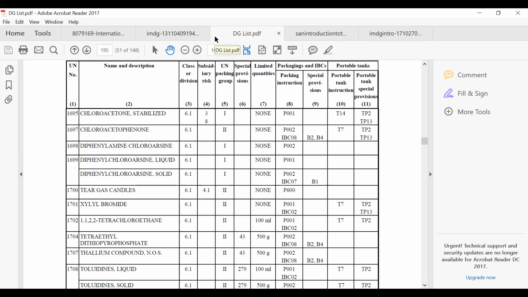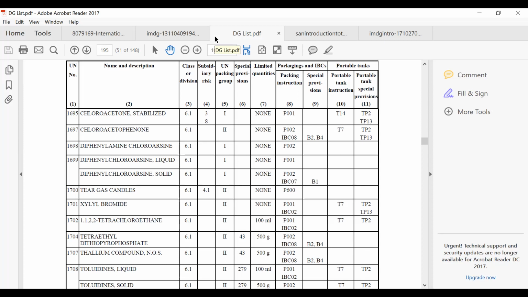But when we're looking at that, we need to go back to volume 1 and check what the special provision is. We go back to volume 1 and check what the special provision is, and then we'll come back.